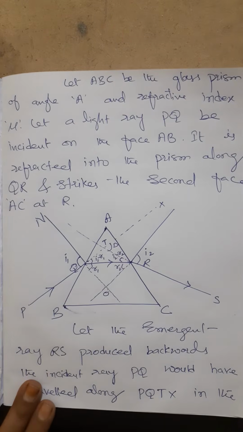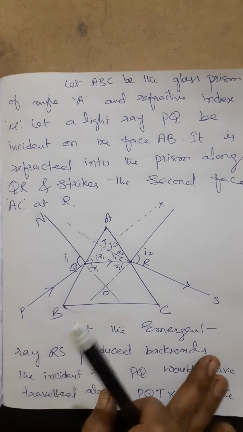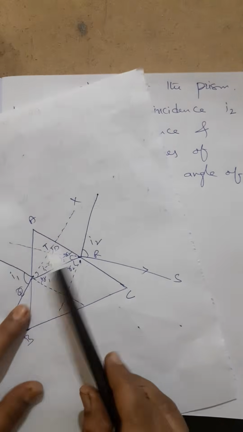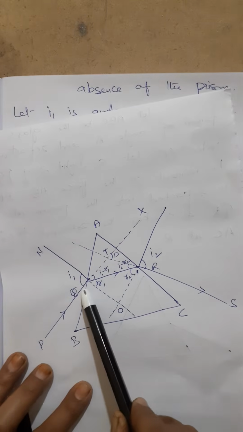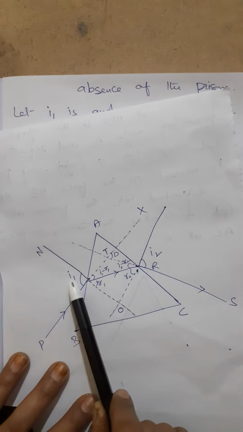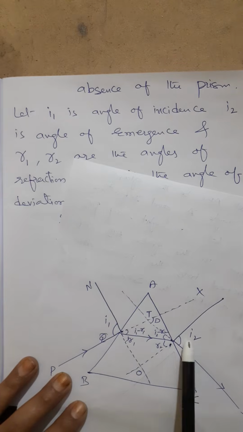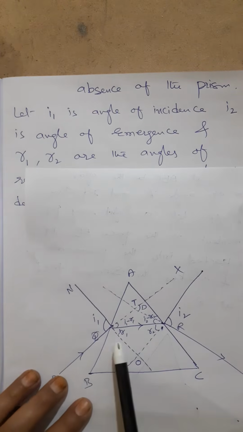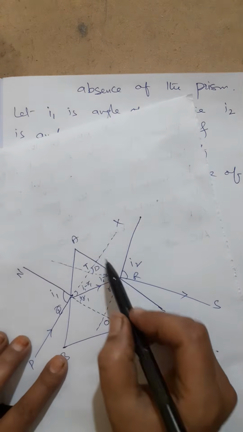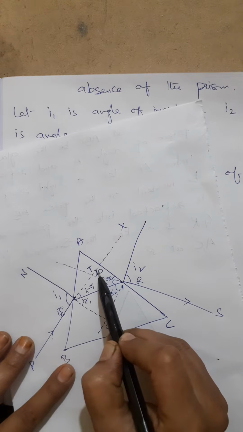Here angle of incidence is i1 and i2 is the angle of emergence. Next r1 and r2 are the two angles of refraction. Here the angle D is known as the angle of deviation.